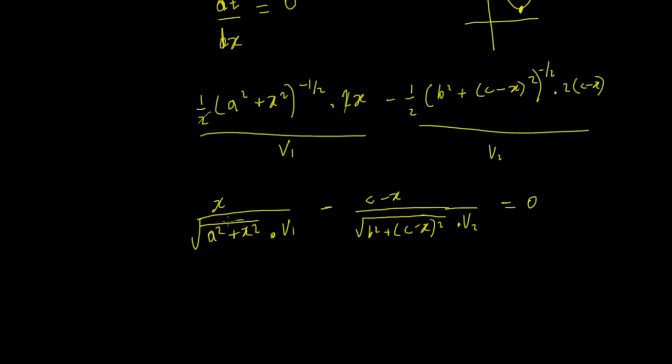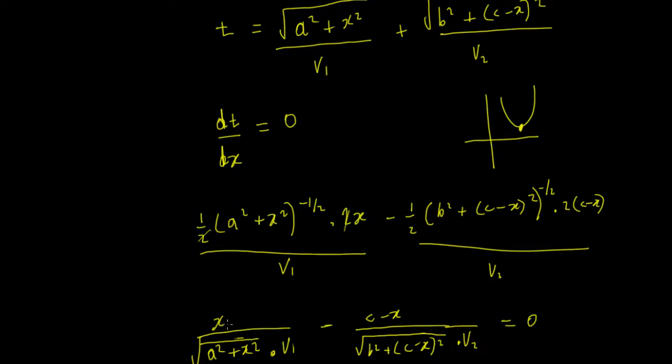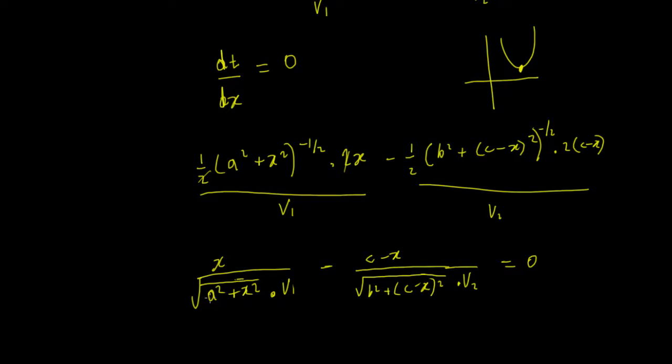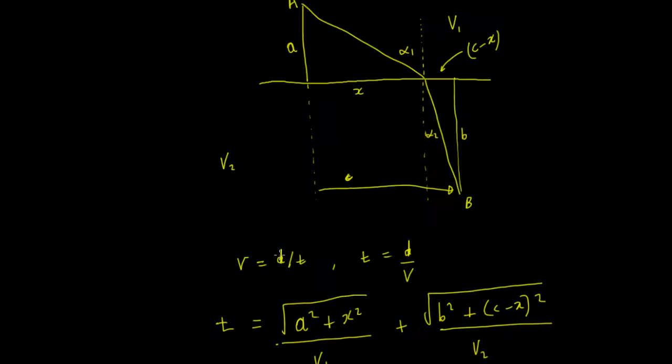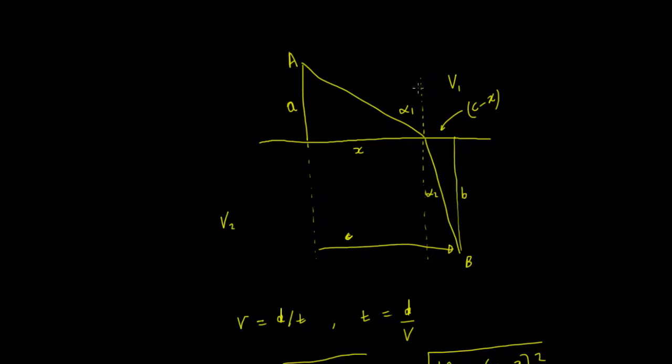So we can see from the geometry that this value, x upon the root of a squared plus x squared, well, that angle in there is alpha 1. So it means that the value x upon the root of a squared plus x squared is that distance upon that distance there.